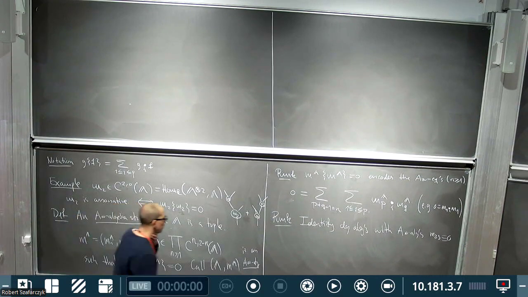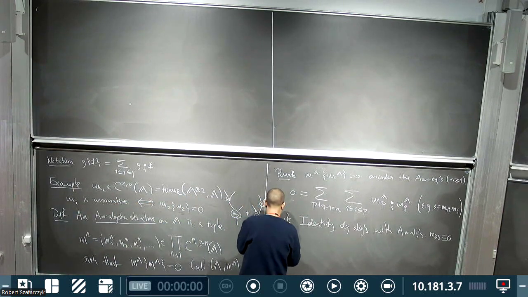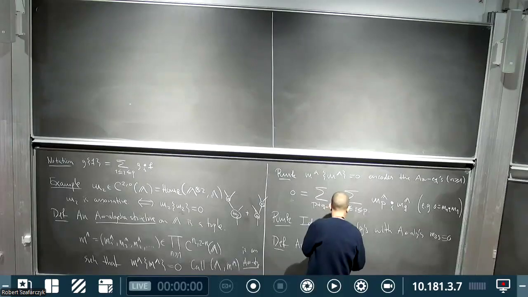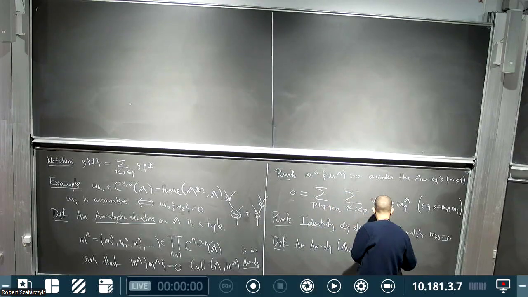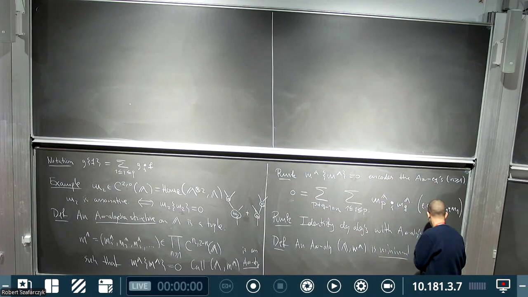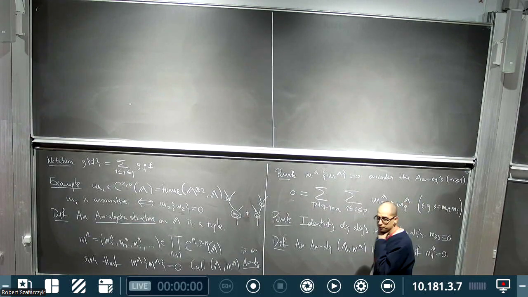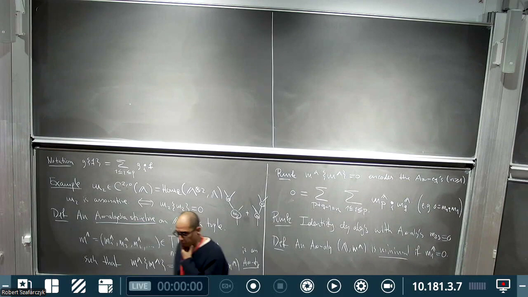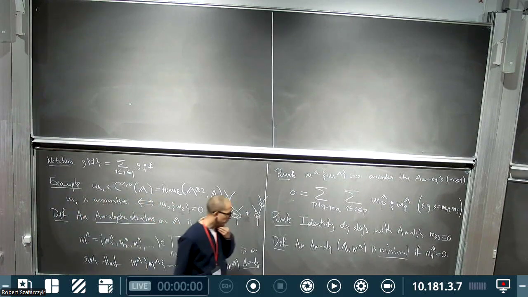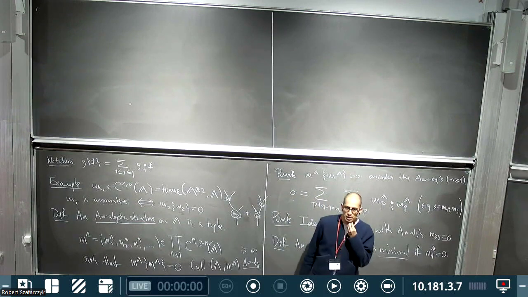And also another definition: an A infinity algebra is minimal if M1 is 0. In which case, you can check using the equations that the binary multiplication is already associative.